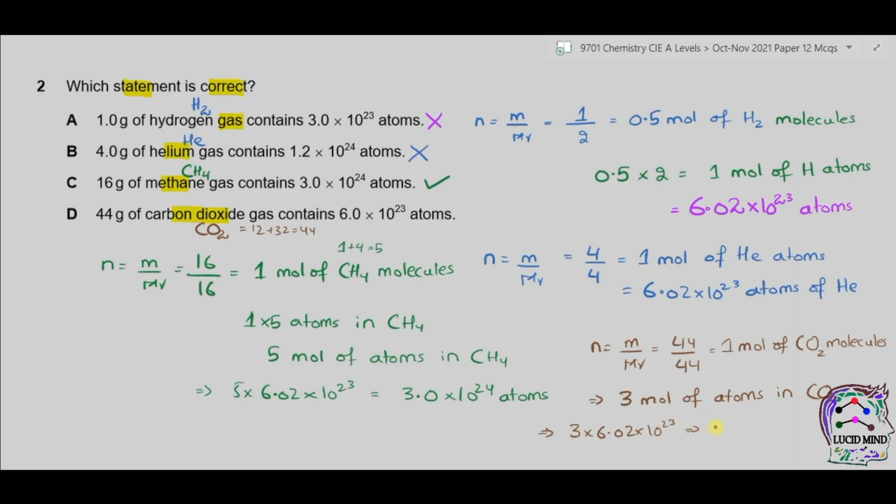It comes equal to 18.02 exponential 23 atoms present in CO2. So this one is also wrong. Correct answer is therefore C.